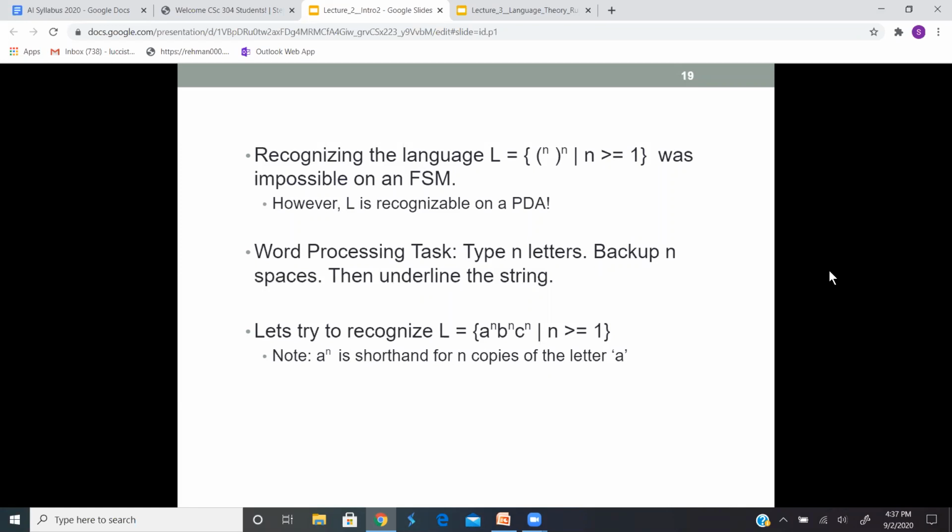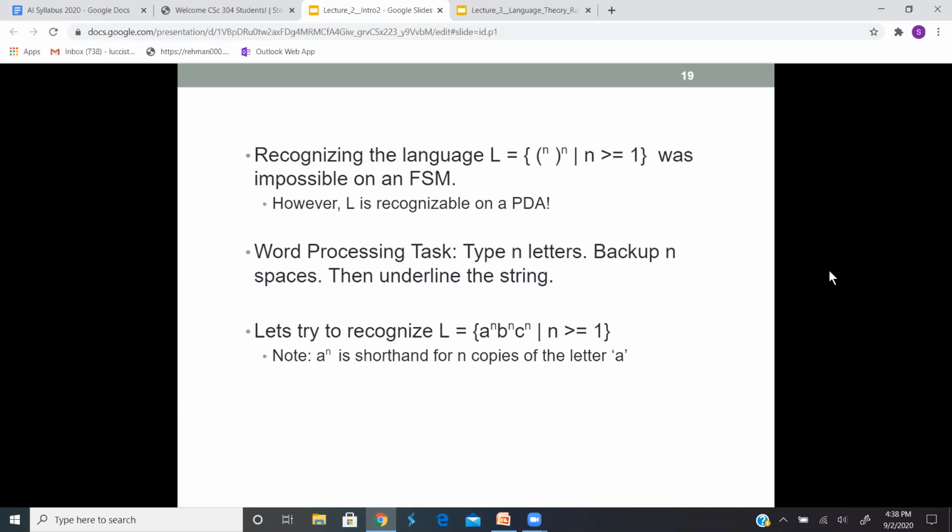You got some string on your computer, and you want to underline all N symbols. Well, first you want to write it. Write your N copies of A. There you go. You just typed it. Then you want to underline things. So B could be backspace, back up N squares.